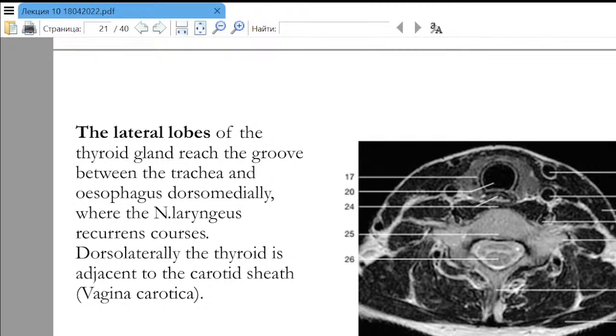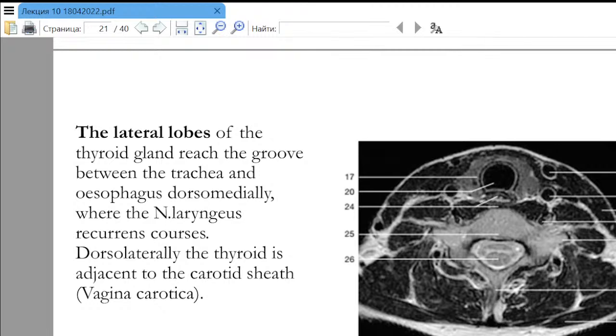You see the trachea, the esophagus, and dorsolaterally the thyroid glands.